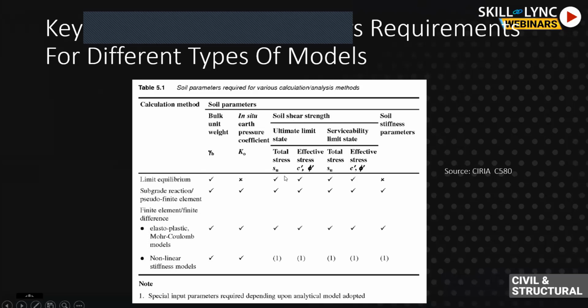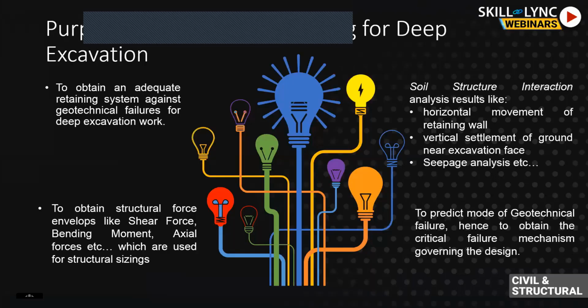Soil strength parameters like total stress and effective stress are required for both ultimate and serviceability limit states for all these methods. And some special input parameters are required depending upon the analytical model which we have adopted. Like in the finite element method, if we go with complex models like strain hardening, then some more input parameters are required.